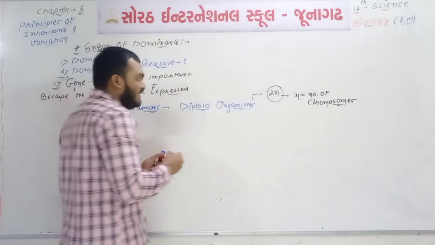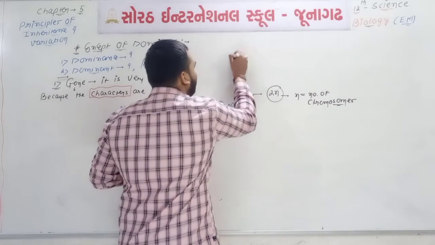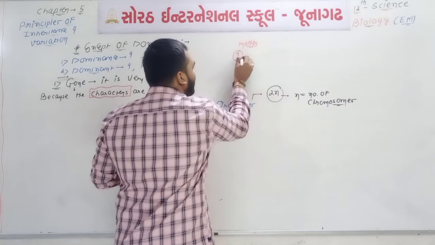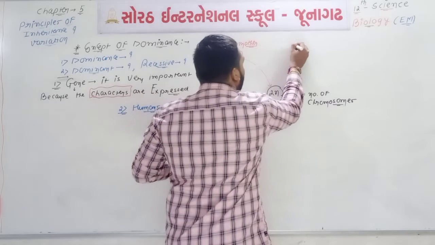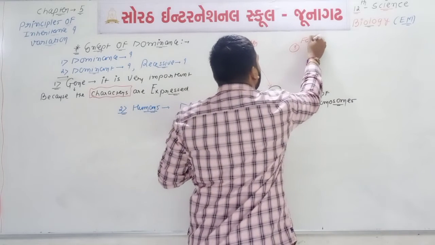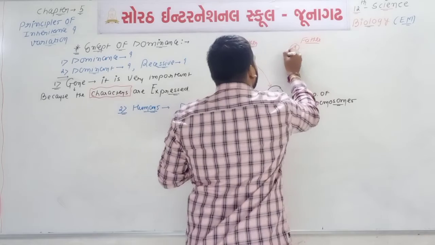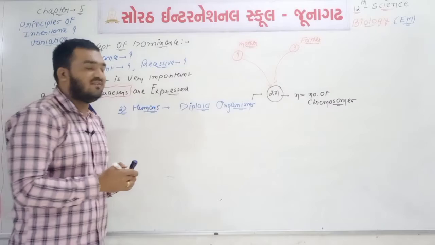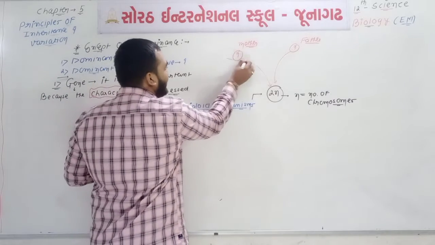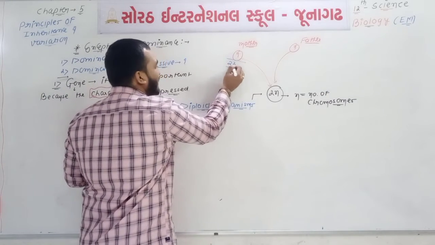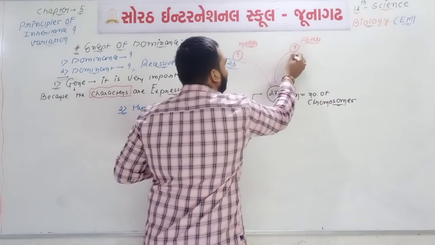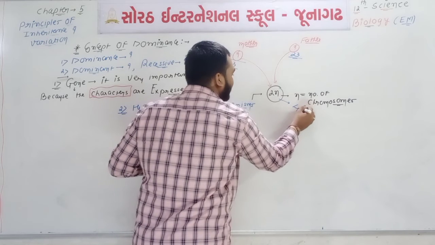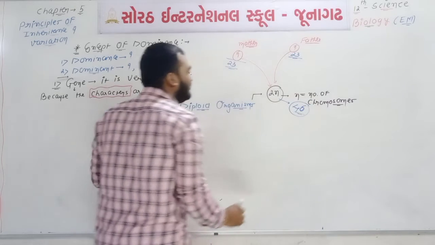It means 2n. How is 2n formed? We get n, half the number of chromosomes, from the mother and half from the father. So 50% maternal, 50% paternal: 23 chromosomes from the mother and 23 from the father, that's 46 chromosomes in total.